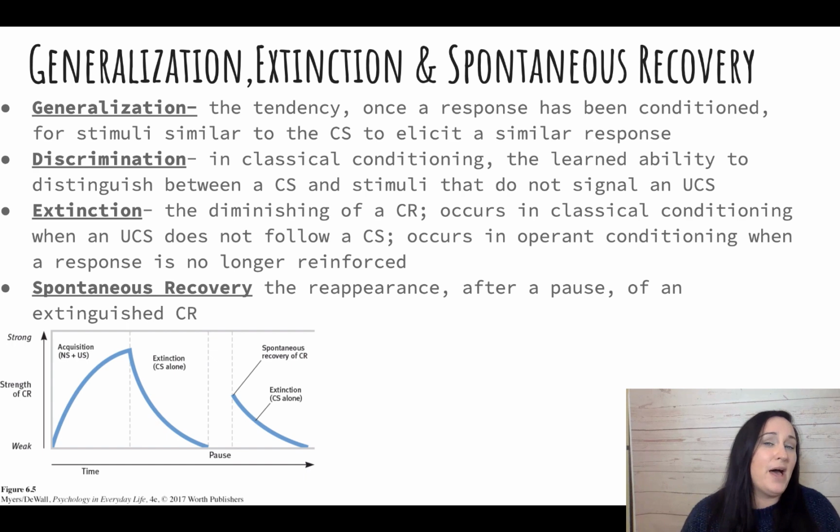So maybe it isn't a bell, maybe it's like a song, a certain tune on a phone or on the TV, a certain sound, and it elicits the response. Discrimination is the learned ability to distinguish between conditioned stimuli and other stimuli that don't signal the UCS. So they might realize, oh, that's just a phone sound. It's just a different sound. It's not the right tone. And so they'll start to distinguish which tone is for food and which is not.